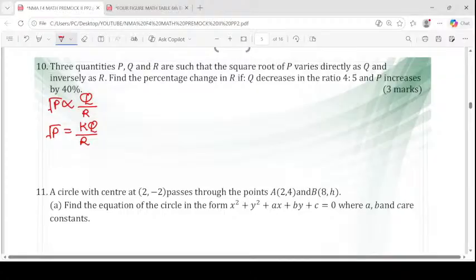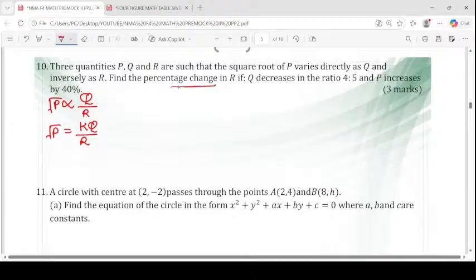Find the percentage change in R if Q decreases in the ratio 4:5 and P increases by 40%.